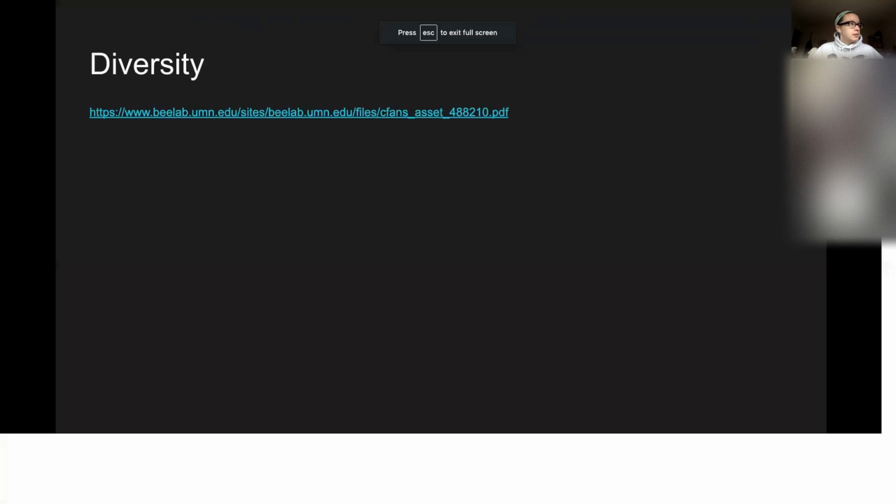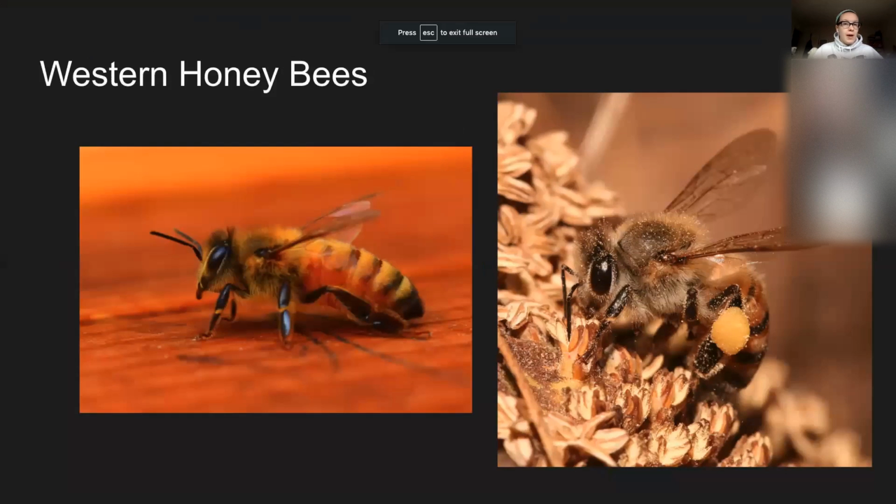So back to this slide. This is the Western honeybee, which is also called the European honeybee. And this bee is almost domesticated. I guess it's not domesticated necessarily like you would think of with a cow or something like that, but humans utilize bees like this to basically do work for us.